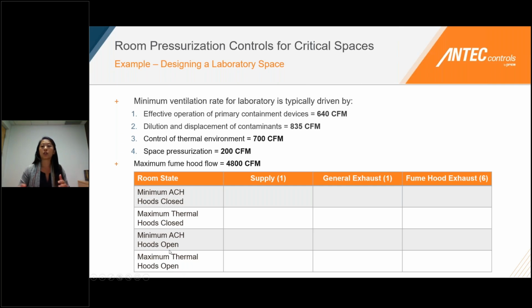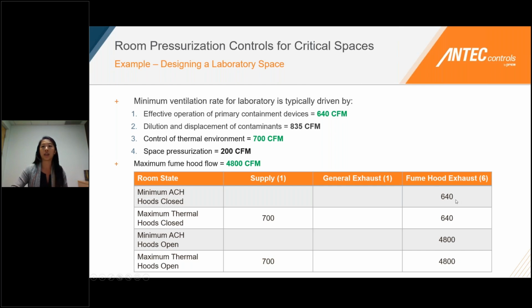So to start off, we're going to start with some numbers that we already know here. For all the hoods being closed, the total minimum airflow to meet the 150 hood air changes per hour is going to be 640. So in both instances, our fume hood exhaust with the hoods closed is going to be 640.